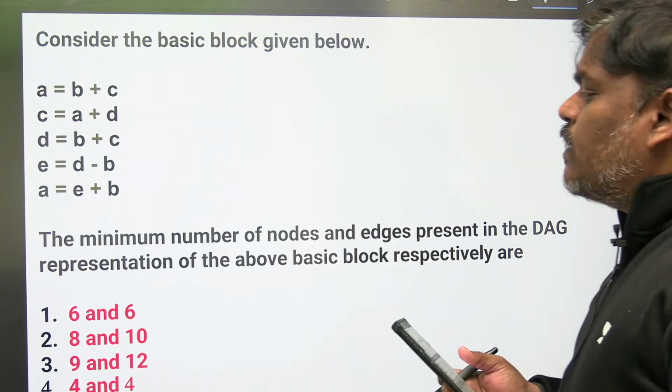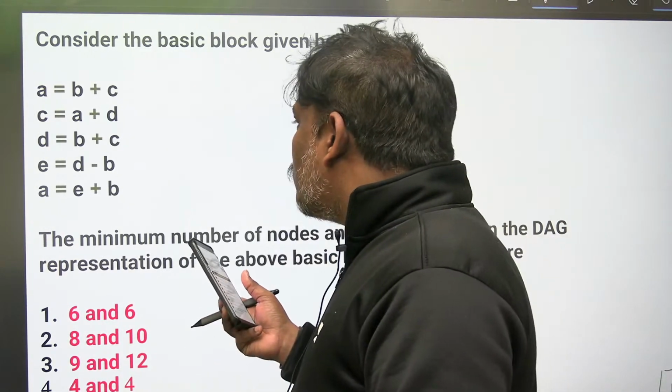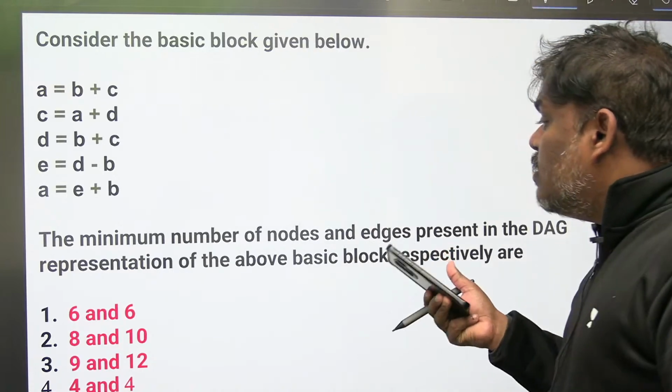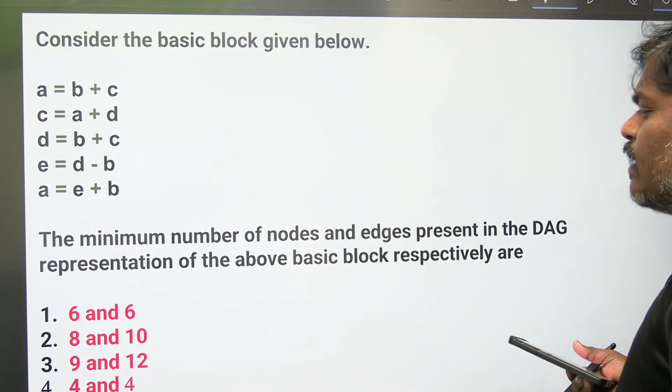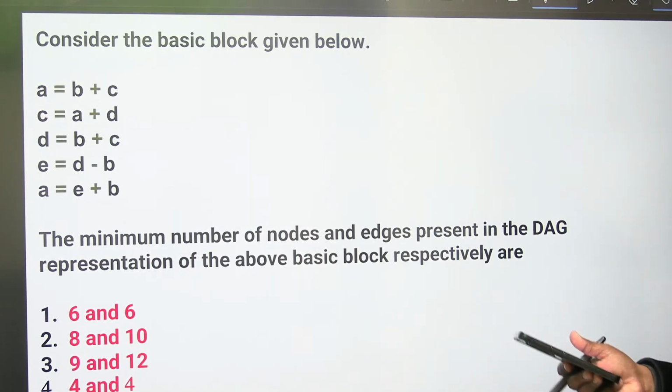So this problem, see this one. I don't want to explain, but it is coming because this DAG question will come again and again. Please take care. Anywhere a DAG problem comes, please try to solve it.